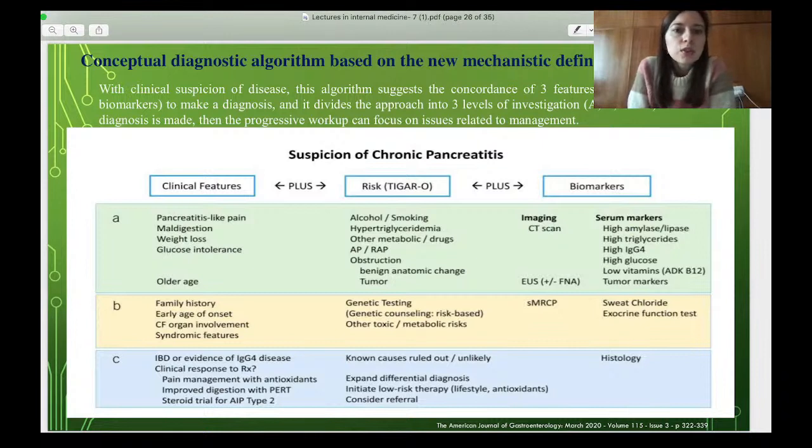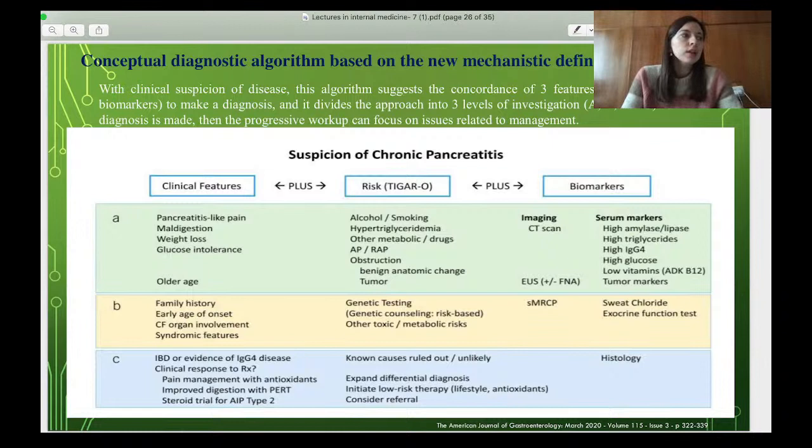And a diagnostic algorithm based on the new mechanistic definition of this. With clinical suspicion of disease, this algorithm suggests the concordance of 3 features: clinical, risk, and biomarkers, to make a diagnosis, and it divides the approach into levels of investigation.